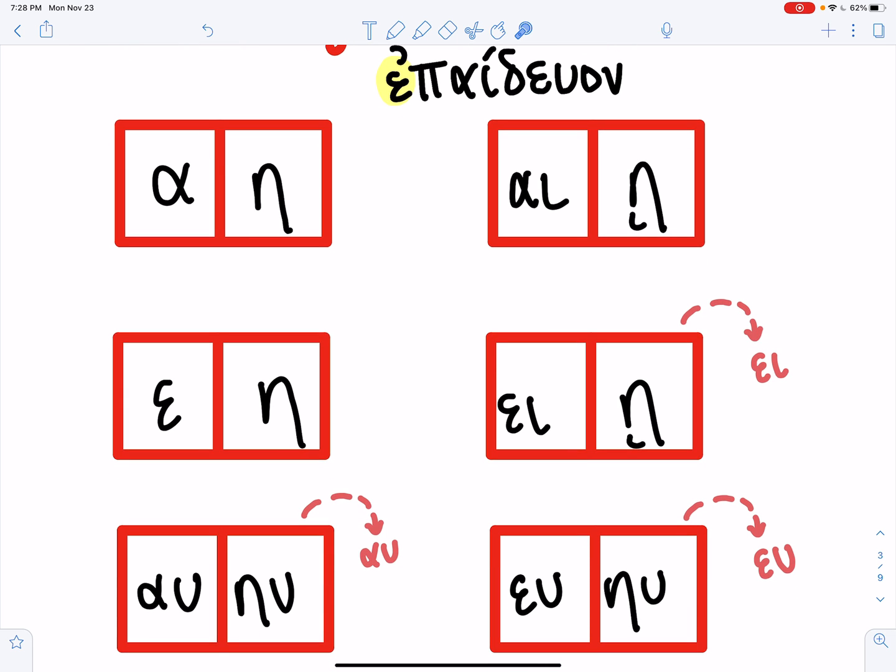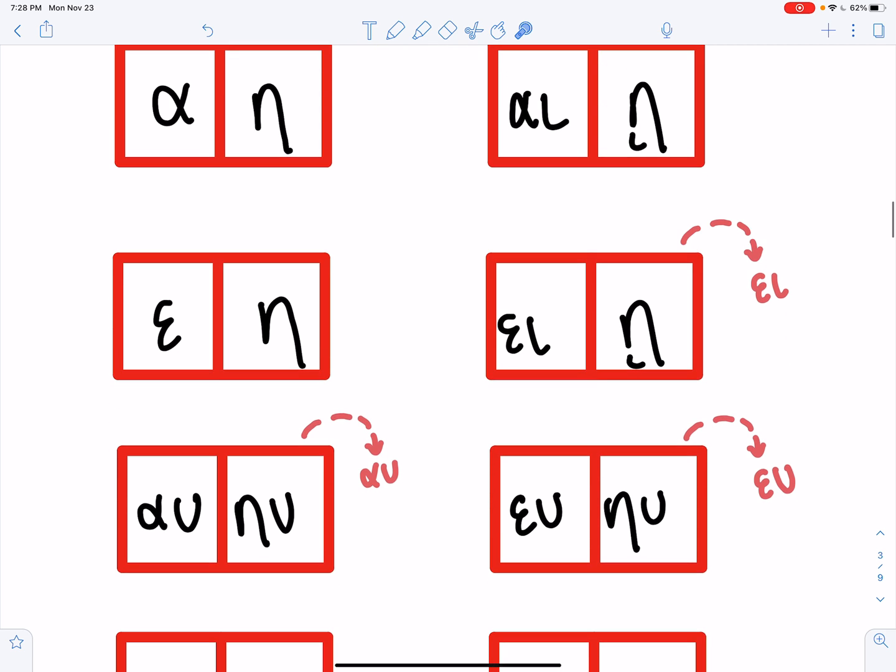Then for the alpha iota diphthong, you end up with eta with an iota subscript. Makes sense, right? You already learned alpha turns into eta, so alpha iota would likely turn into eta with an iota subscript. Then for epsilon, that also turns into eta, so pretty nifty there. And probably, as you would suspect at this point, epsilon iota turns into eta with an iota subscript.